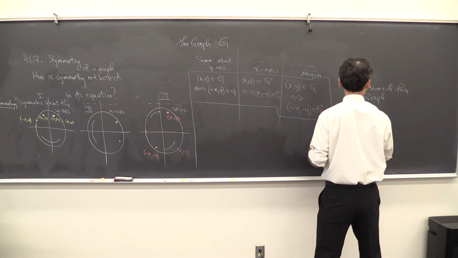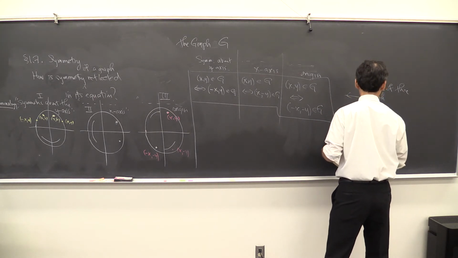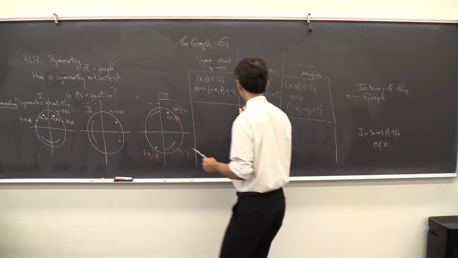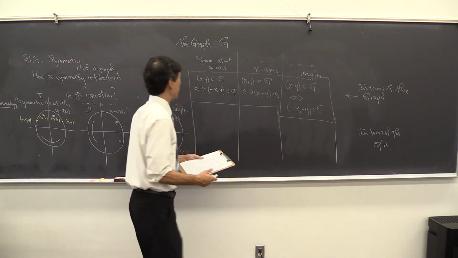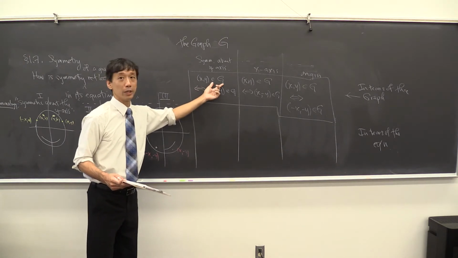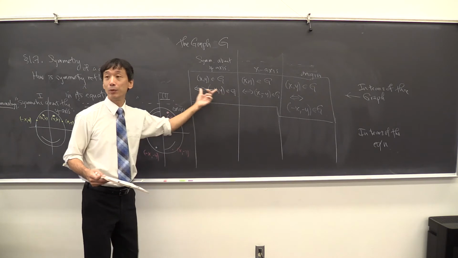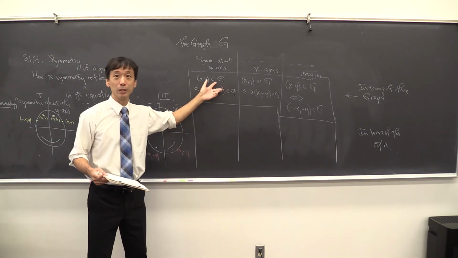If we want to talk in terms of the equation, what this is saying is that this is a solution of the equation if and only if this is a solution of the equation. Remember what it means to be on the graph: it means you're a solution.